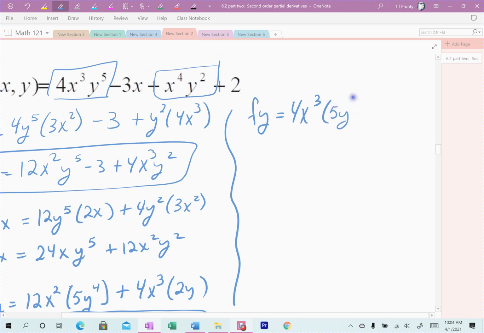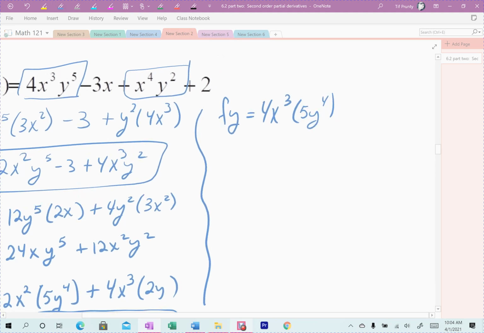It's going to be 5y to the fourth. Plus x to the fourth times 2y, right? The derivative of y squared is 2y. And then I'll clean that up before I take my second derivatives. So this is going to give me 20x cubed y to the fourth plus 2x to the fourth times y.